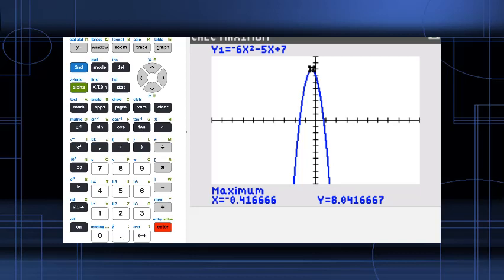And there we go. We've used our calculator to approximate, in this case, the absolute maximum.